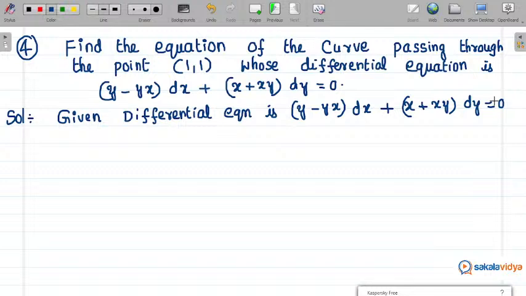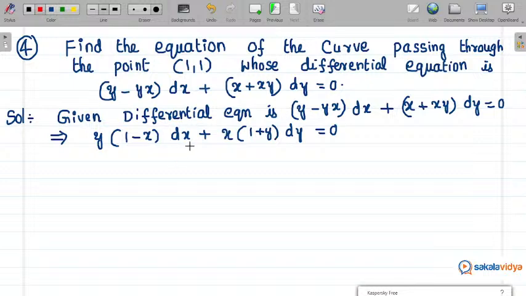It seems to be in the form f(x) dx + g(y) dy = 0, but just check it now. Here we can take y common: y(1 − x) dx plus, taking x common, x(1 + y) dy equal to 0. Just observe, dx should contain a function of x only, and dy should contain a function of y only, but here we have y with dx and x with dy. So both should be separated. So how do you separate?